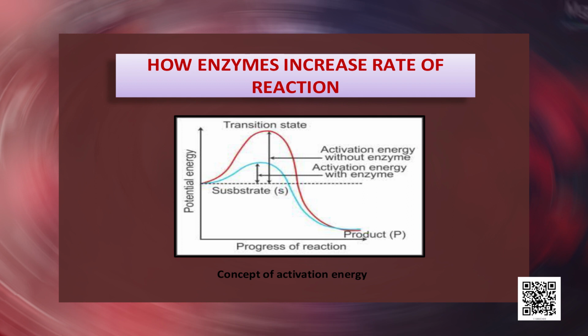Majority of the molecules of each substrate have average kinetic energy, some have higher, some have lower than the average energy. Under normal temperature, only the molecules which have high energy are capable of forming products. Therefore, the reaction takes place very slowly.